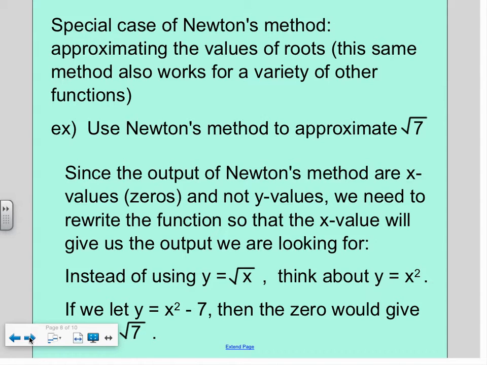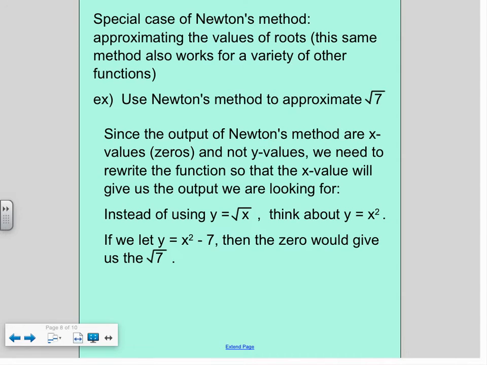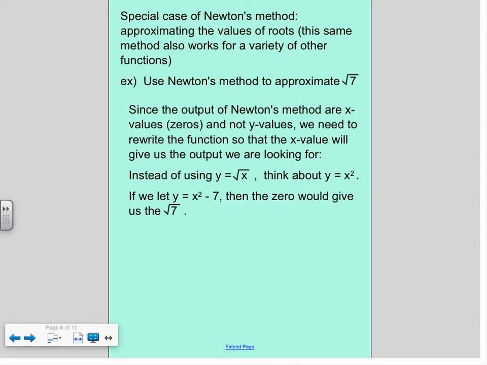If we let y equal root x, we don't want to know where x is 7. We want to know what the y value is. So we have to rewrite our function. Instead of using y equals root x as our function, think instead if we squared both sides and thought about y equaling x squared.